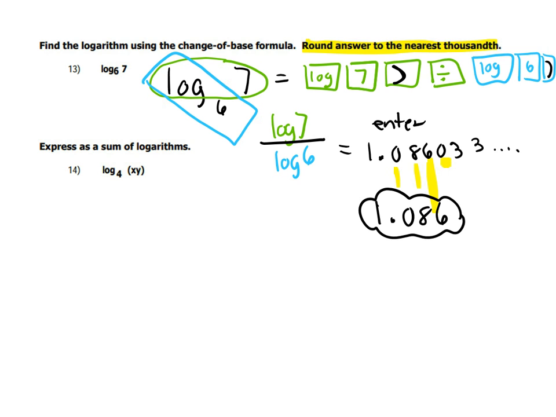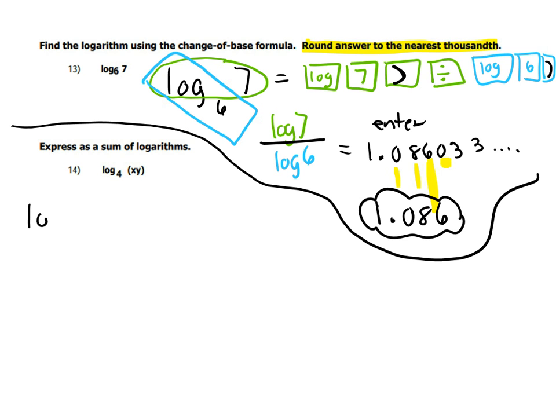And then 14 says, express as a sum of logarithms. The log rule for this was, if you have the log base A of m times n, that's going to equal the log base A of m plus the log base A of n.